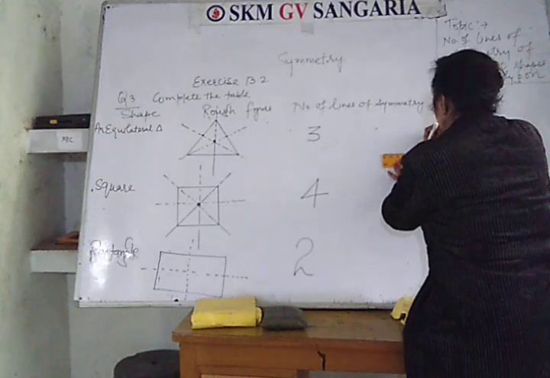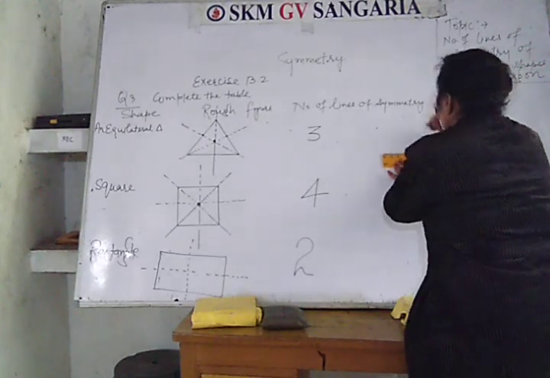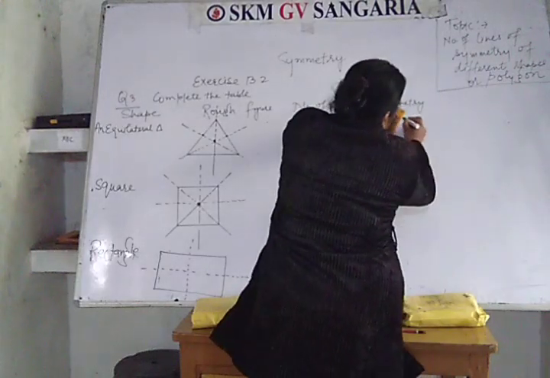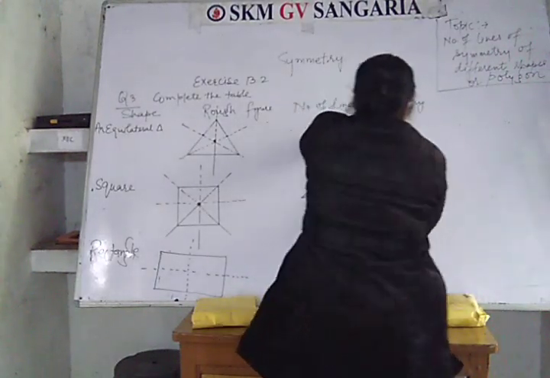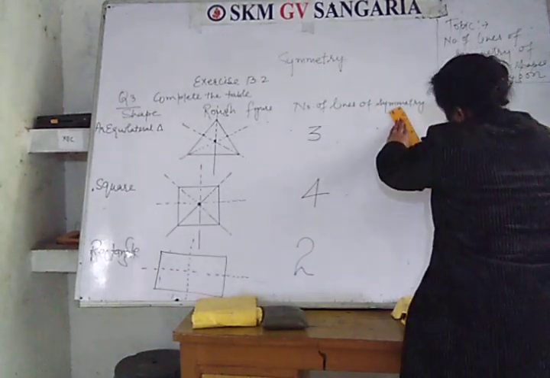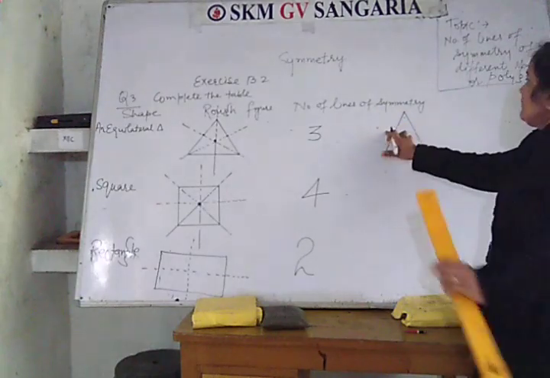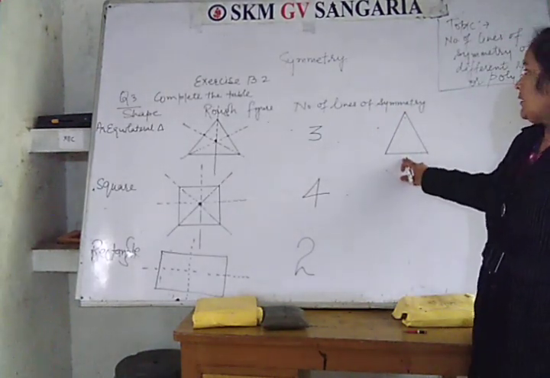This side is equal to this side. Means these two sides are equal and this is of different length.